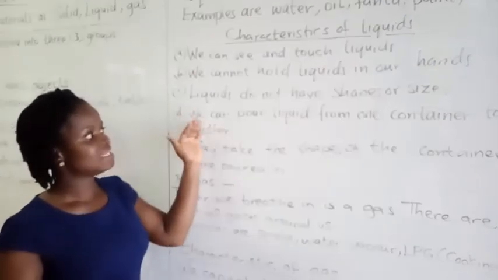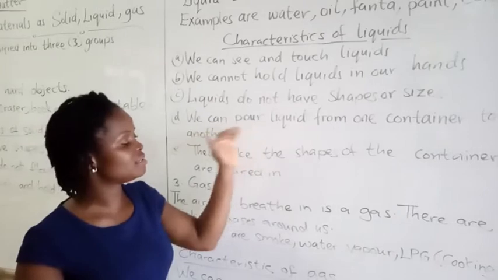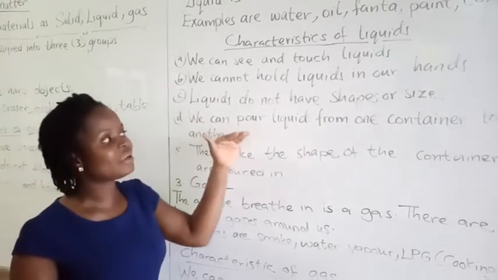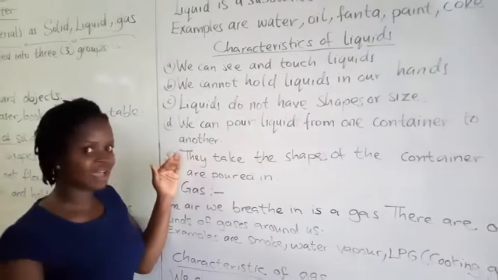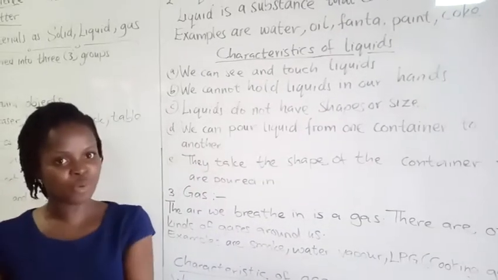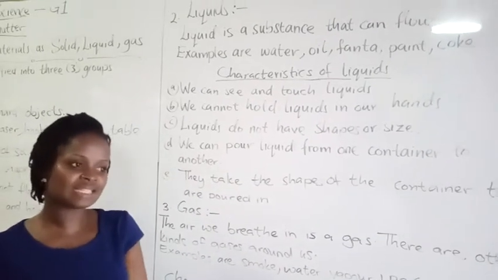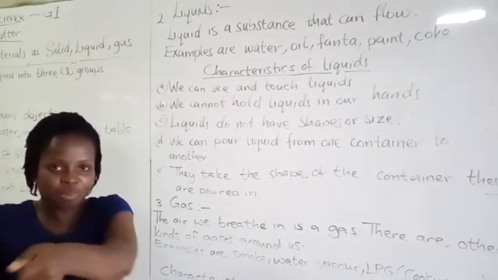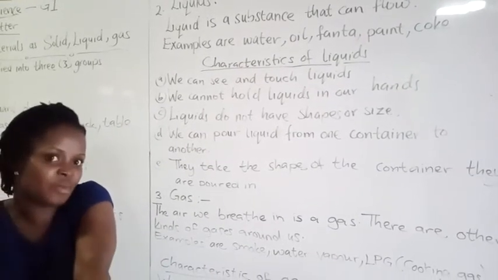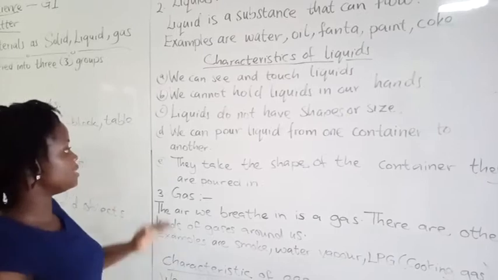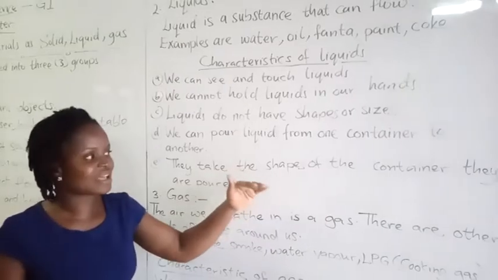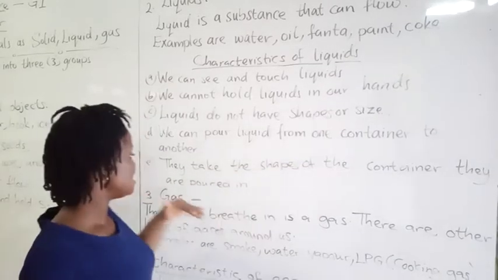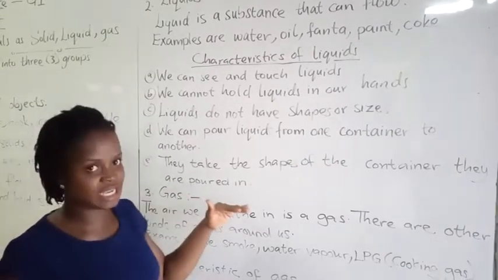D. We can pour liquids from one container to another. So if it's in one bowl, you can just take it and pour it into a different bowl. E. They take the shape of the container they are poured in.